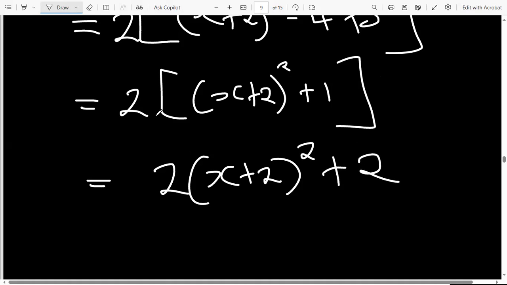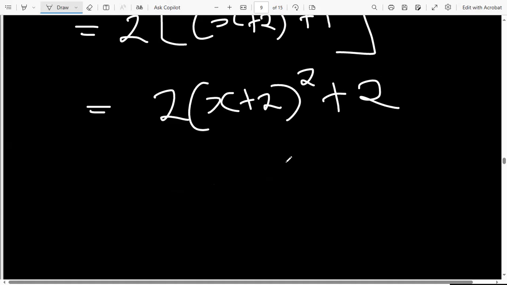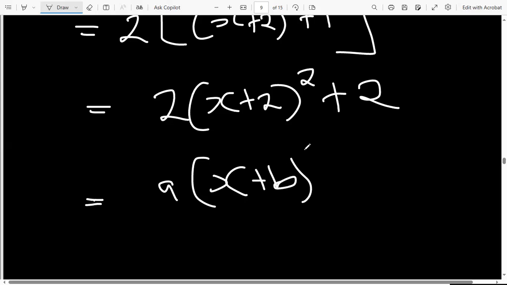So what have I done here? I've multiplied this 2 with this to get 2 of this, and then 2 multiplied by this one to get 2. So you can see that this is indeed the form that they wanted, which is a times x plus b, squared, and then plus c. So you can see that the a is 2, b is 2, even the c is 2.